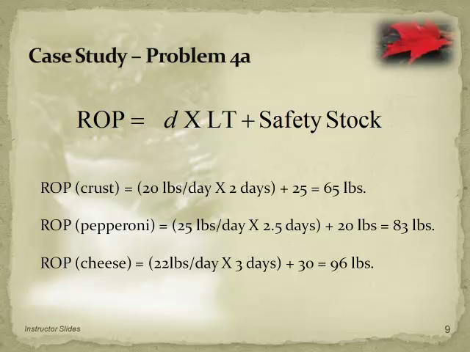So when the inventory reaches 65 pounds, that's when we're going to reorder. And the same calculations are done for the pepperoni and the cheese that are shown here. So make sure that you go through this and you understand how we have arrived at the reorder points for all three elements.